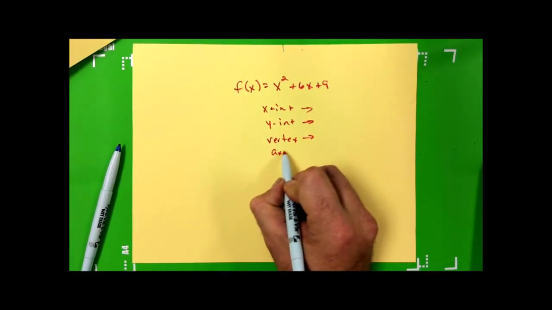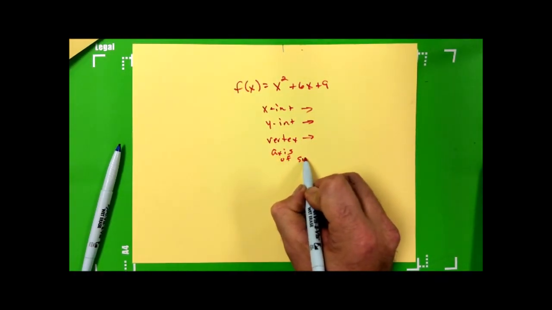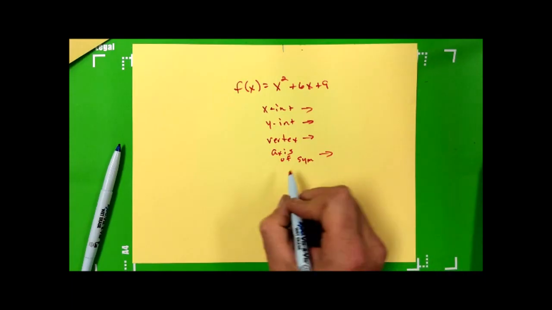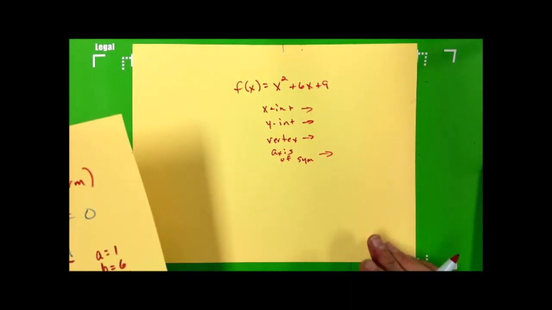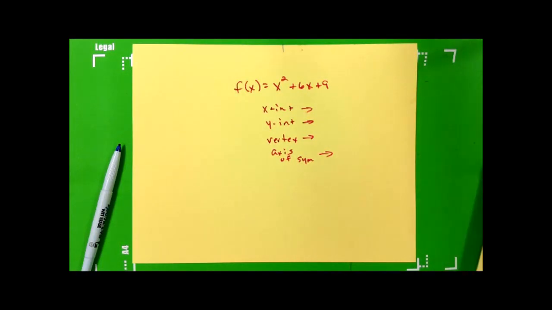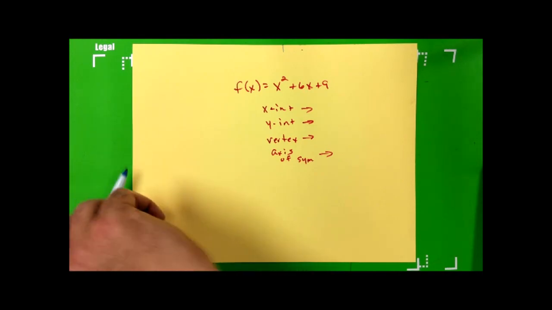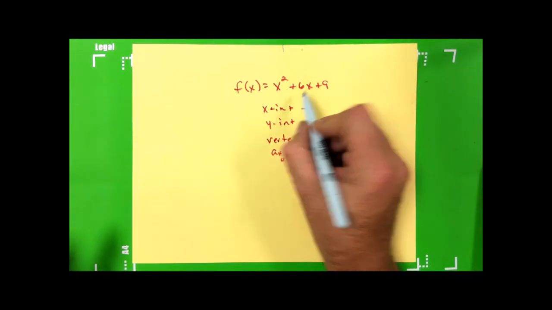I could ask for an axis of symmetry in this form. And I could also ask for minimums and maximums. I could ask for increasing, decreasing, just like on our previous activity, right? I could certainly do that. My question to you is how do I approach just this much of it?